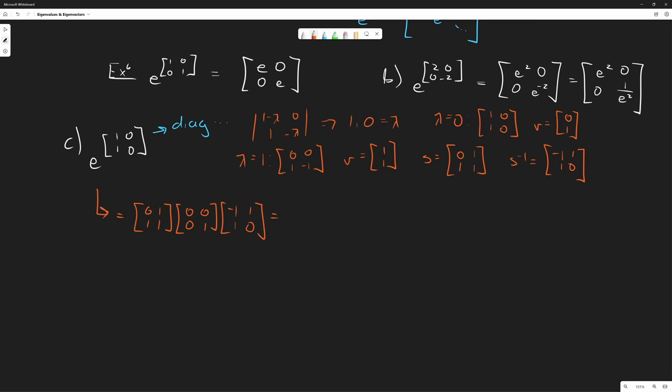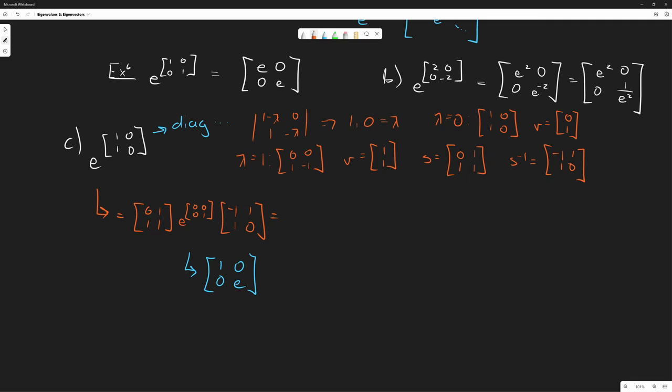Oops, I messed up. So this part is going to be equal to e to the 0, which is 1, then this will be 0, and this will be e.